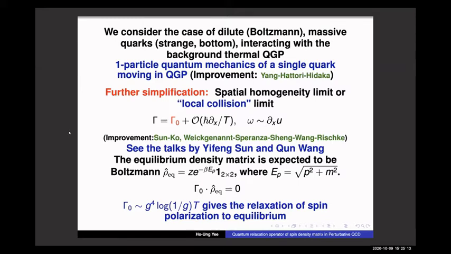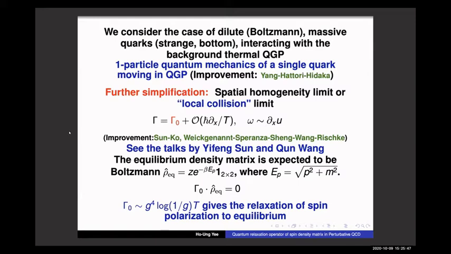Moreover, to simplify further, we will make the approximation that the system is nearly homogeneous. In other words, we are going to neglect the spatial gradient of x in our computation of the collision term, since the spatial gradient expansion is equal to the h bar expansion in this way.